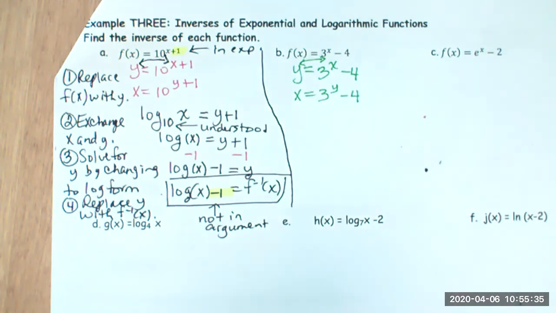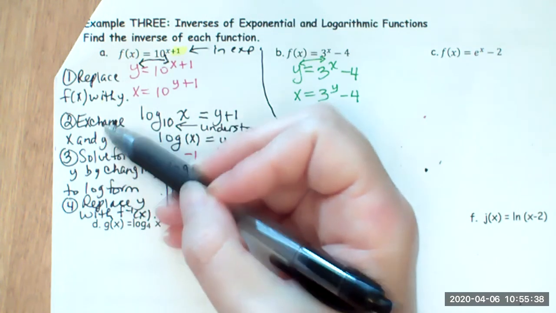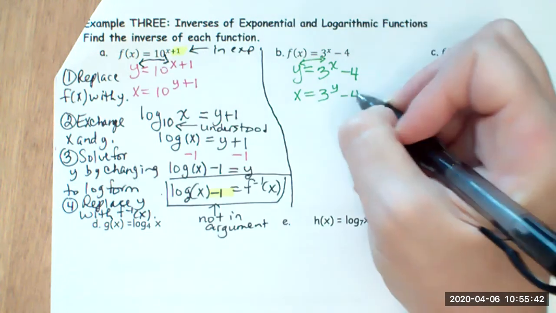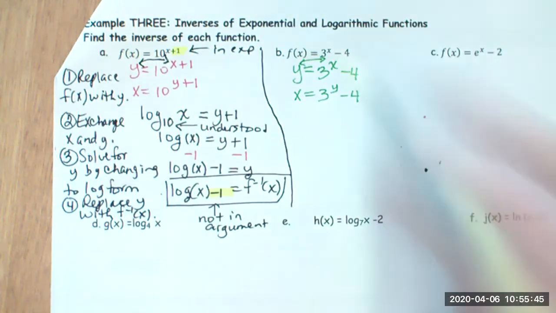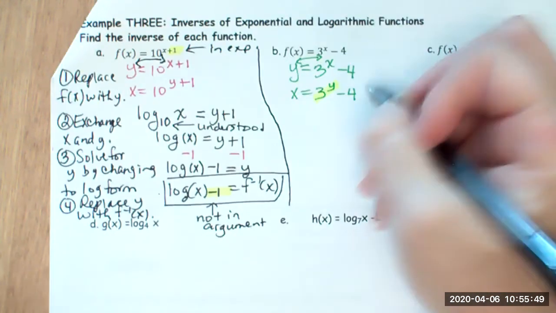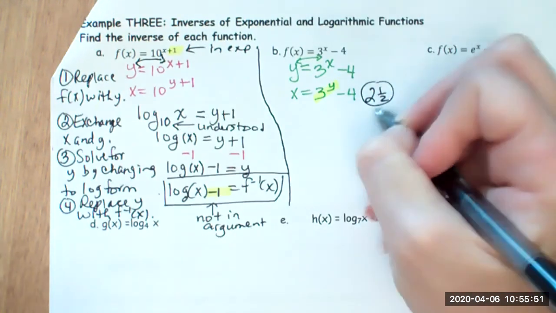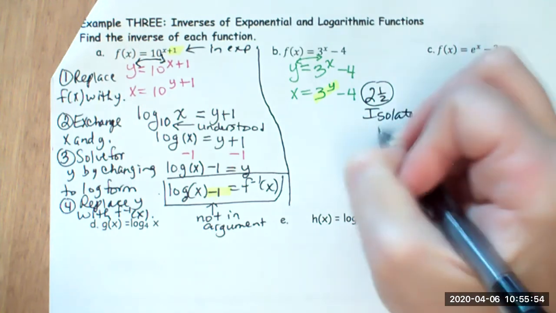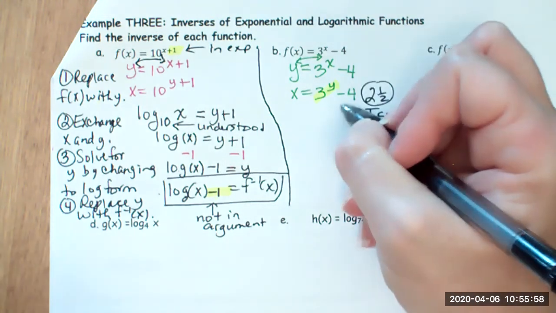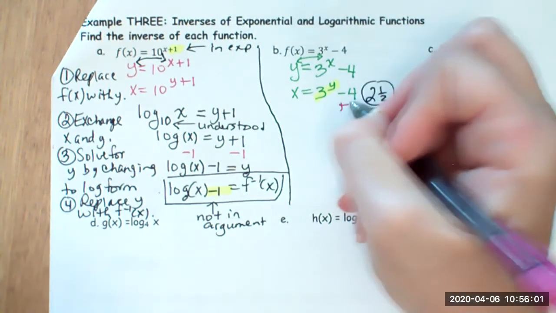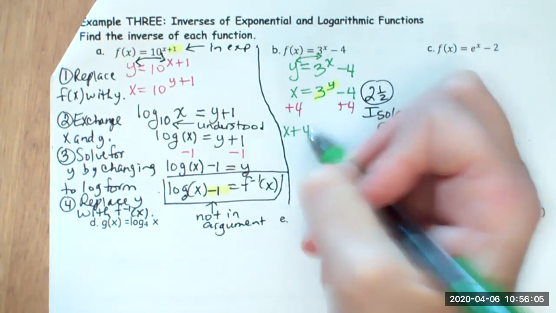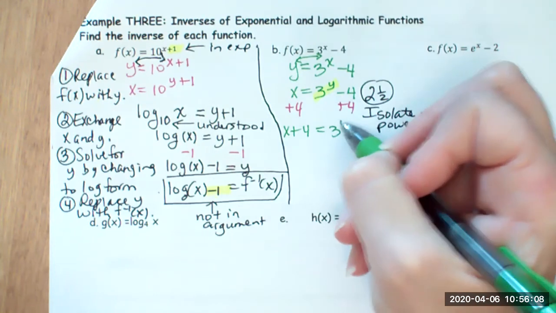If you want, you can call this step 2.5, between exchanging x and y and solving for y: if the power is not by itself, we have to isolate that power. So I'm going to add 4 to both sides, and I'll get x plus 4 equals 3 to the y.